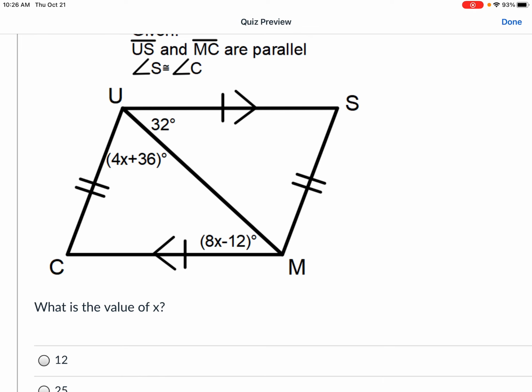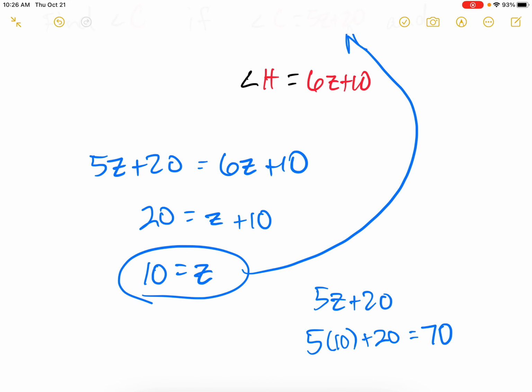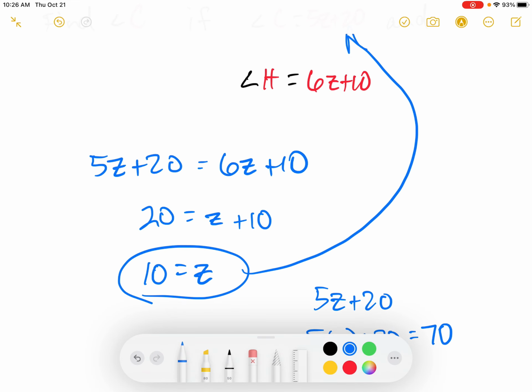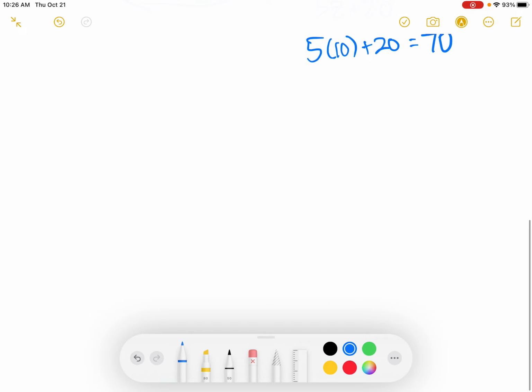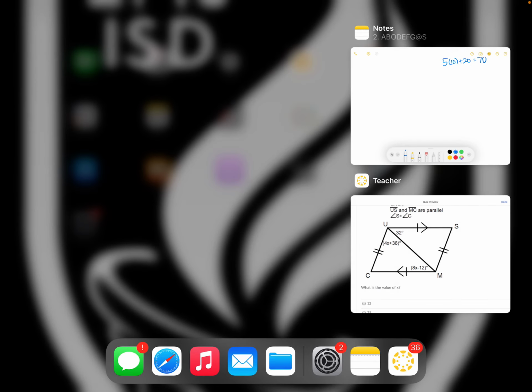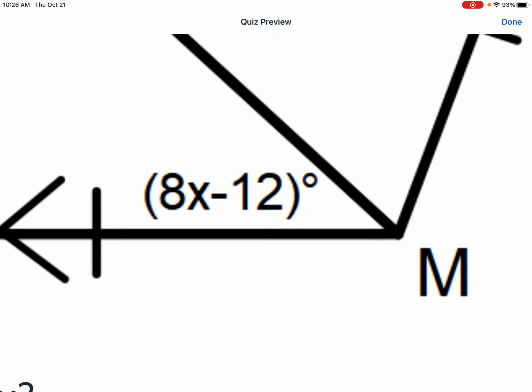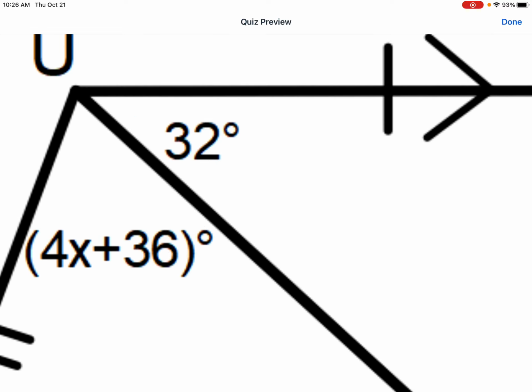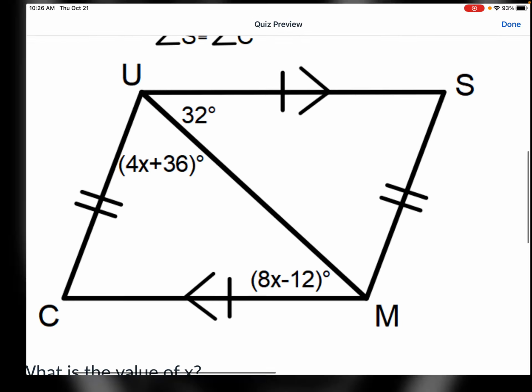So that means we can set up an equation. That's exactly what I'm going to do over here. We can set up that 8x minus 12, that angle down the bottom, equals 32, that angle up at the top.